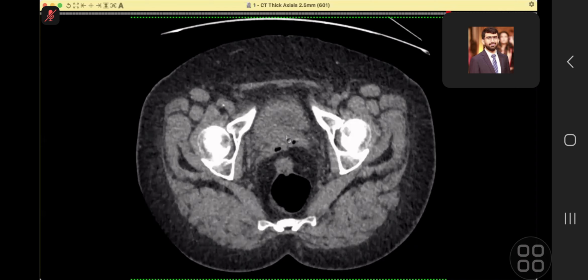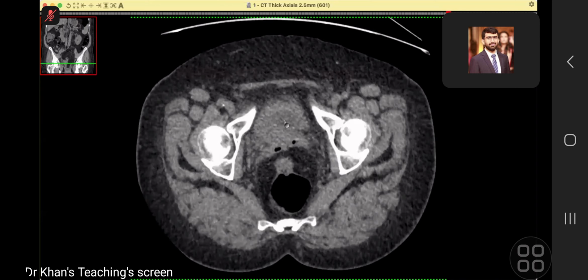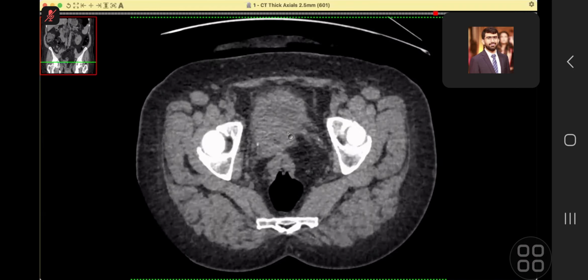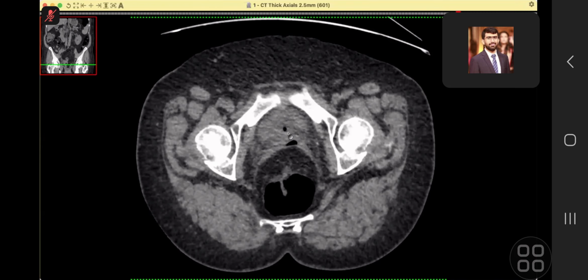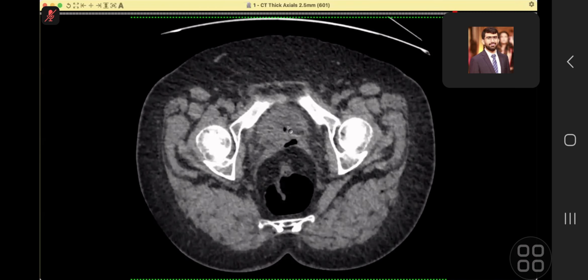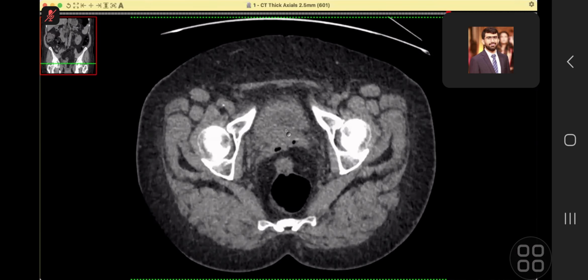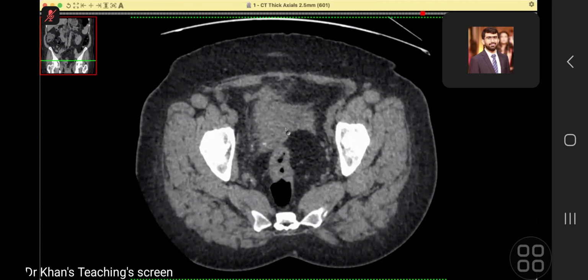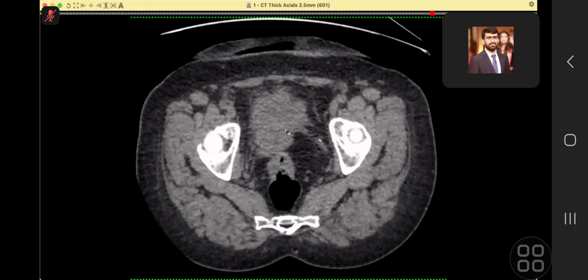Sir, I am presented with the non-contrast CT abdomen and pelvis of a female patient. In this scan, I can appreciate that the urinary bladder is partially filled, and in this partially filled urinary bladder, I can appreciate that there are air locules and there are also perivesical fat strandings.